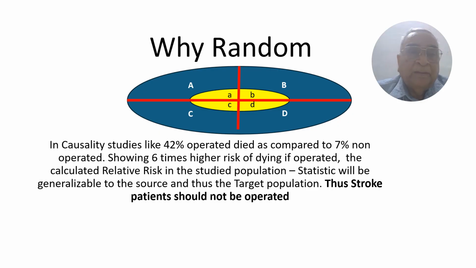In cause and effect studies, for example, we were saying that in stroke patients, 42% would die if operated and only 7% would die if not operated. Therefore, there is a 6 times higher risk of dying if you opt for operation.